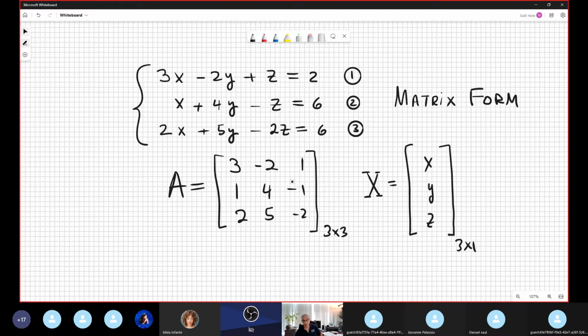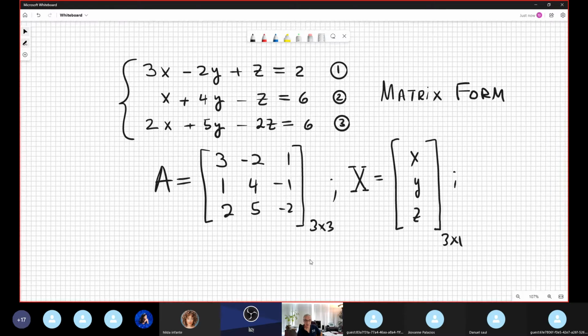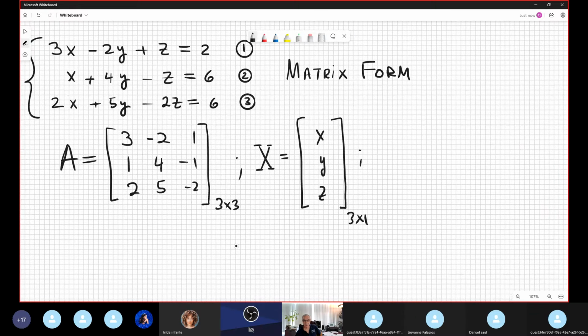Sometimes we have 4 variables X, Y, Z, W, always, no? And B. Who is B? B is the right-hand side number, which is 2, 6, 6. Okay, again, it is a column vector.